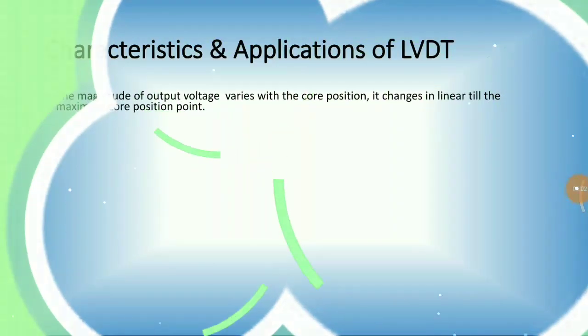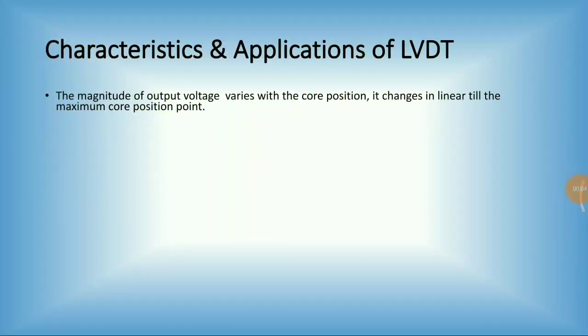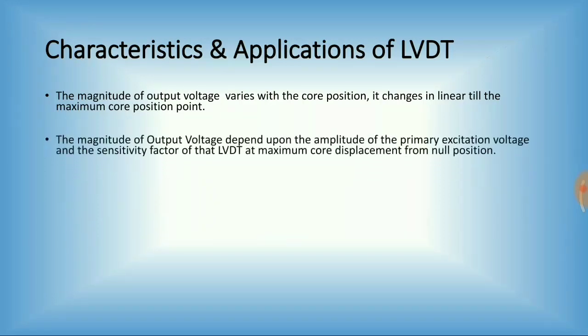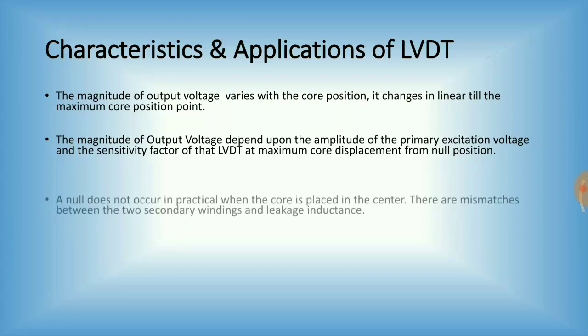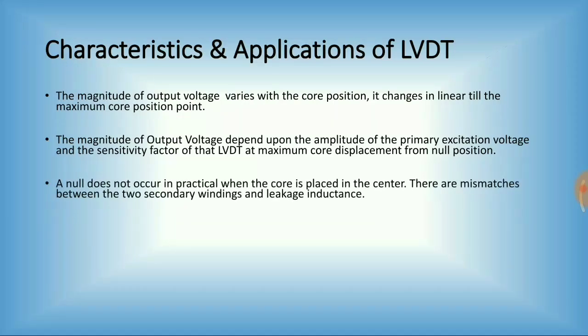The magnitude of output voltage varies with the core position. It changes linearly until the maximum core position point. The magnitude of output voltage depends upon the amplitude of the primary excitation voltage and the sensitivity factor of that LVDT at maximum core displacement from the null position. And a perfect null does not occur in practice when the core is placed in the center.